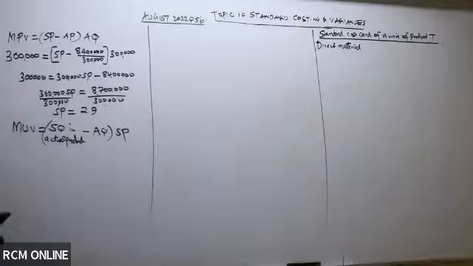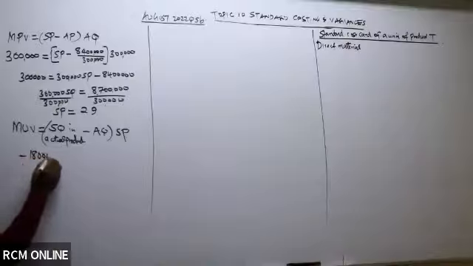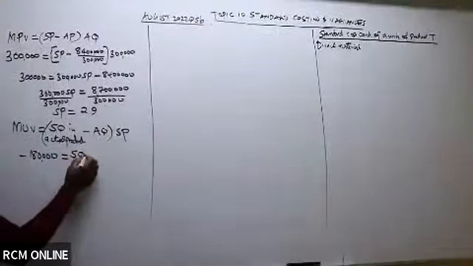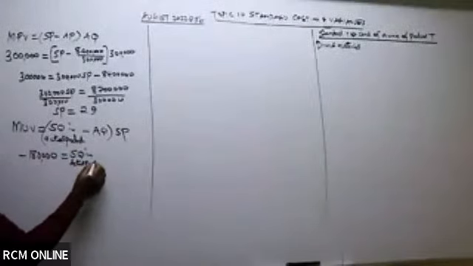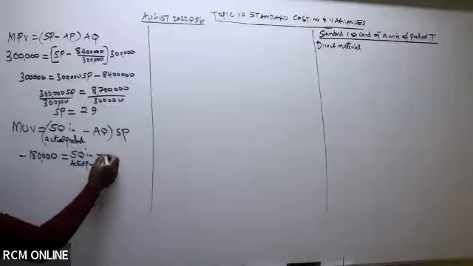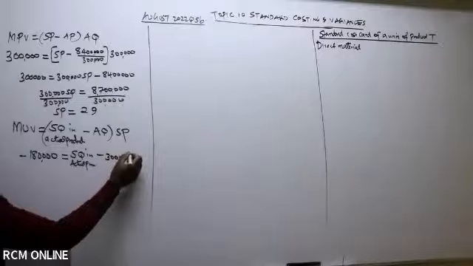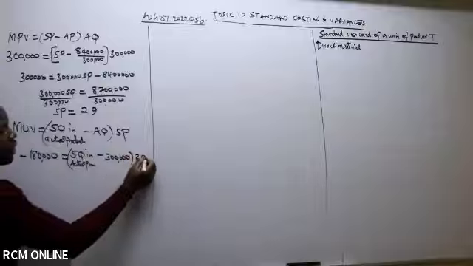Material usage variance is negative 180,000. That is equal to standard quantity in actual production minus actual quantity. Do we have the actual quantity of raw material? Yes, 300,000 kgs. Then we multiply that by the standard price, which we already calculated as 29.